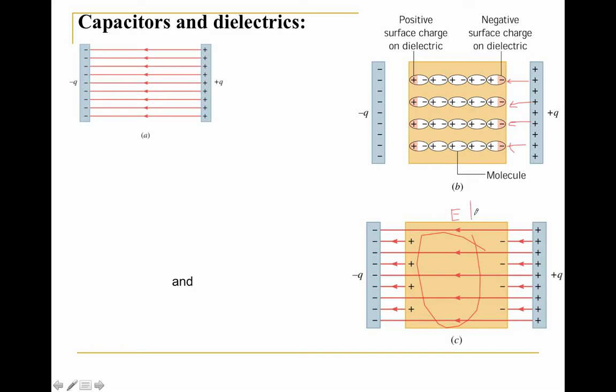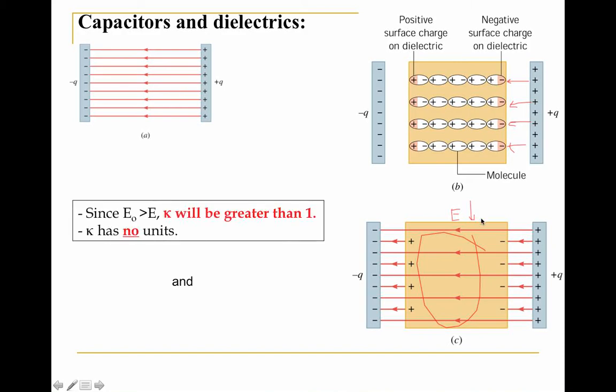E has gone down, because the electric field lines are an indication of the electric field strength. Therefore, E0, the field before I insert the dielectric, is greater than E, the field after I insert the dielectric material.